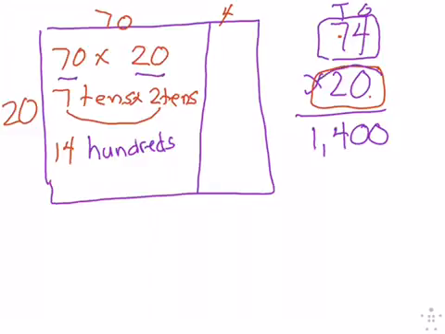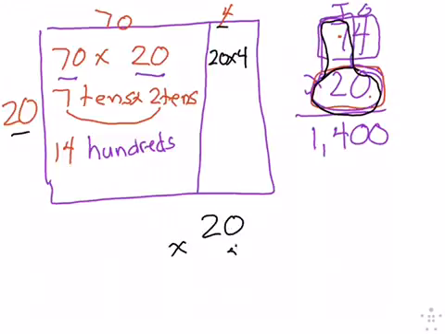So I did this right here. Let me change that color just so you can see it a little bit differently. I did 20 times 7 tens. Now we're going to do 20 times 4. If you count by 20s, you're going to figure out what 20 times 4 is, but if you're not sure, go ahead and write it out.